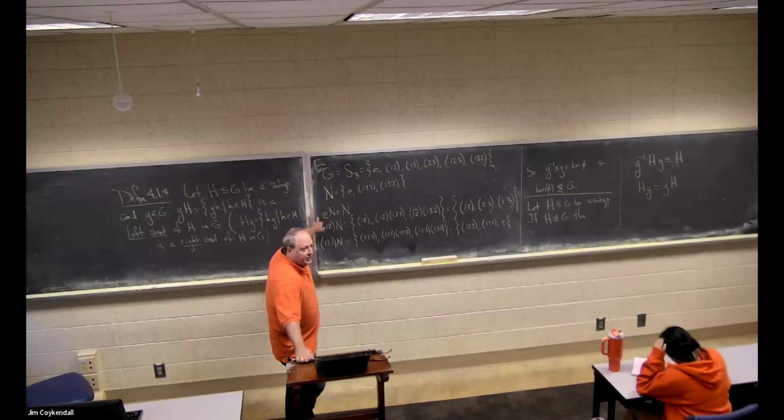This one right here is also not a right coset because here the 2, 3 is paired with 1, 3, 2, not the opposite. So we kind of switch around some of the elements. The difference is this: for N, every left coset is also a right coset. Here, no, it's not true that every left coset is a right coset. That is another important characterization of normal subgroups.